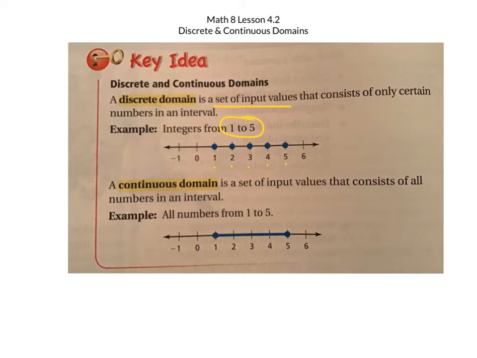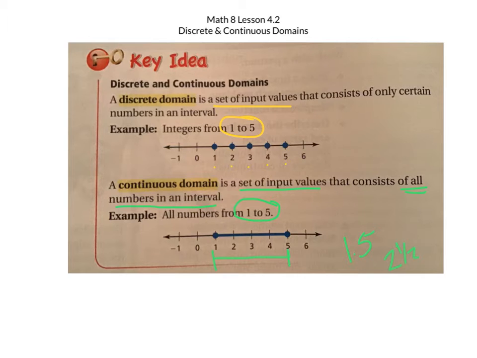A continuous domain is a set of input values that consists of all numbers in that interval. So in this case, it would be all numbers from 1 to 5. So for instance, 1.5 would be one of the numbers in this domain, or 2.5, or 3 3/4. These are all part of a continuous domain.